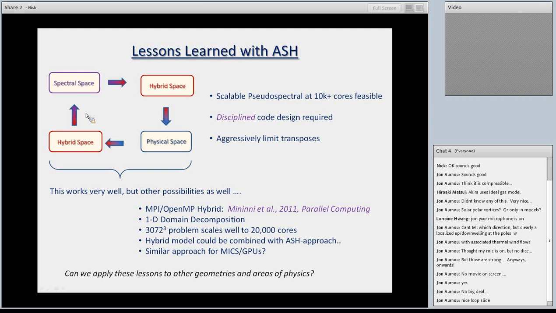What's interesting is I think you could combine this approach with what we've done in ASH. You would still maintain a 2D domain decomposition, but have just a couple of MPI processes per node. I've been thinking a lot about how you might use MICs and GPUs, but it's not clear to me, because with these MIC co-processors on Stampede, I forget how many there are.